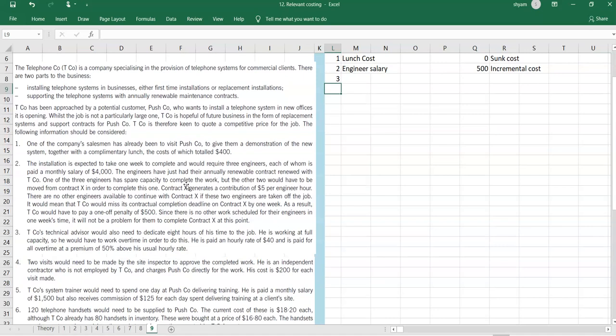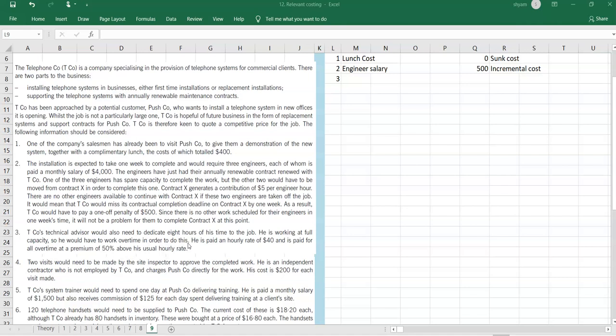Let's go to the third one. TCO's technical advisor would also need to dedicate 8 hours of his time to the job. He is working at full capacity, so he would have to work overtime in order to do this order.